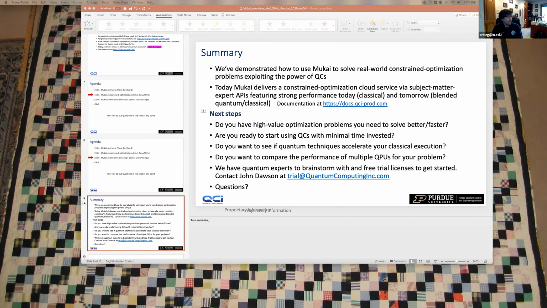So, you know that these problems are NP-hard, and you know that the best classical computers we have today allow you to essentially answer that question for a certain lattice size for the Hubbard model.